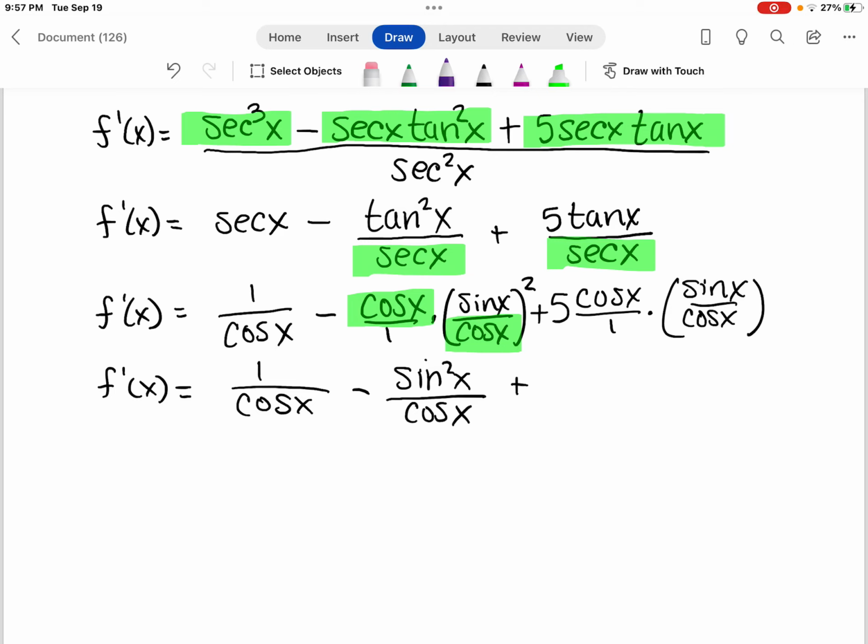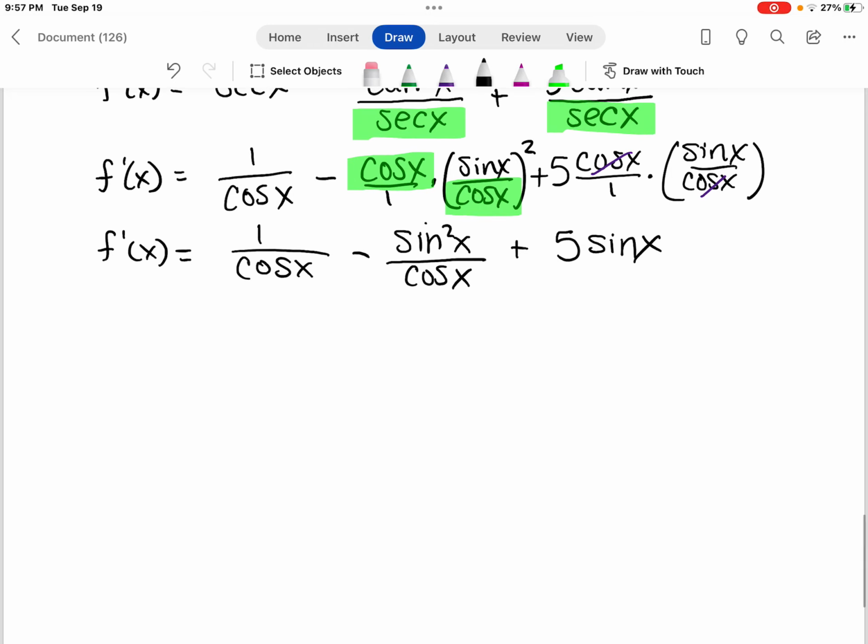For this last one, I can just cross off this cosine with this cosine, and that's going to leave me with a 5 sine x. Now, in case you don't see it, I'm going to combine these 2 fractions here. Because they have the same denominator, I can rewrite this as 1 minus sine squared all over cosine x, and then I still have plus 5 sine x here.